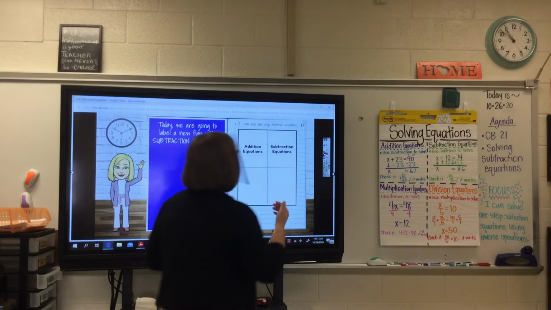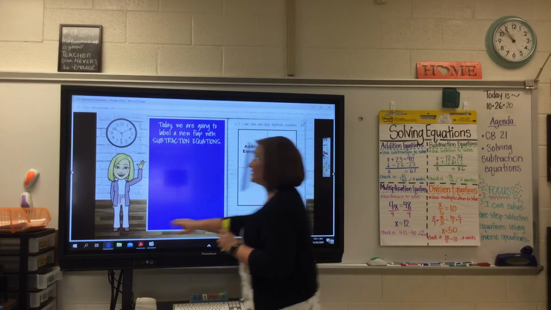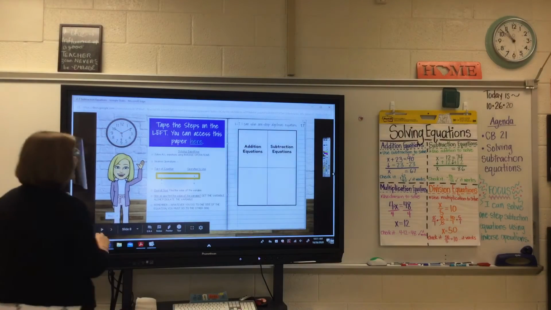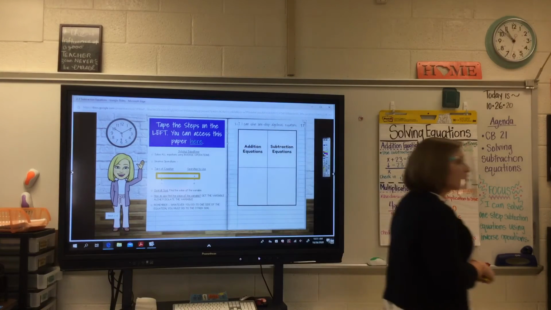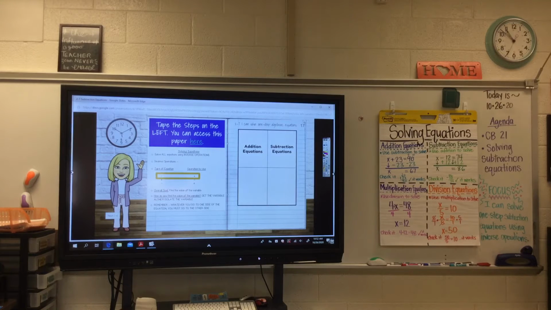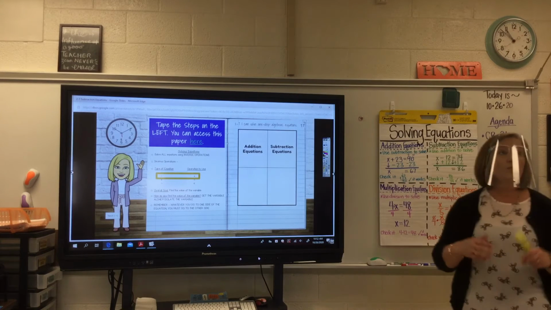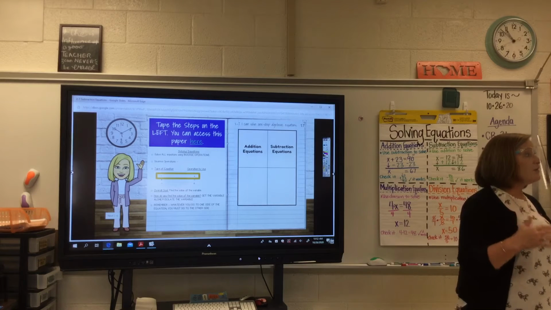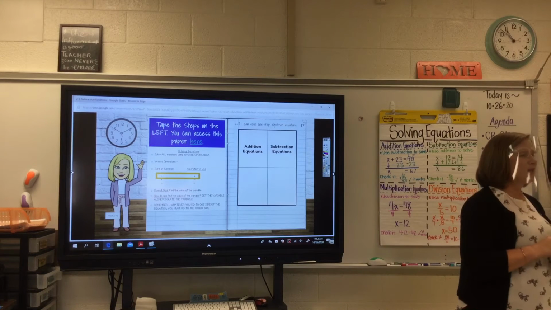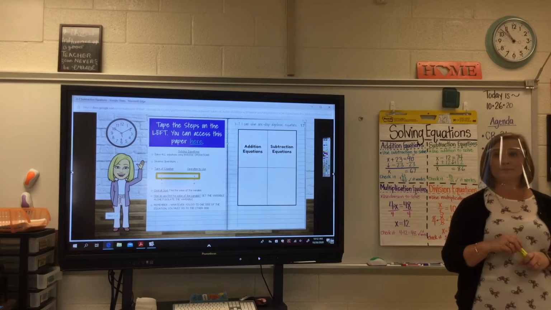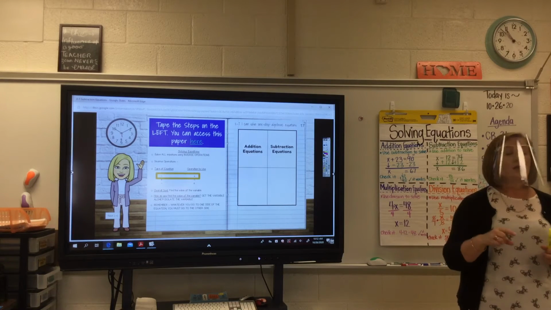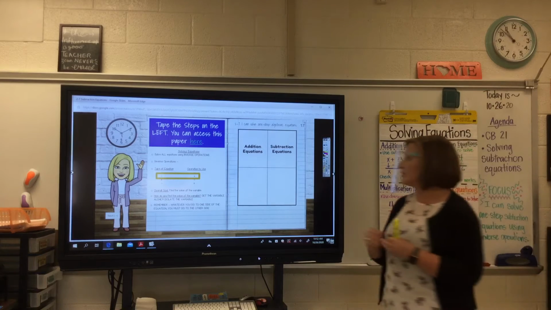Now, what is our overall goal? What are we trying to do when we are solving an algebraic equation? To find the value of the variable. And since COVID, what's the one word that we've used a lot when we've had to get something by itself? Isolate. So we're trying to isolate the variable.